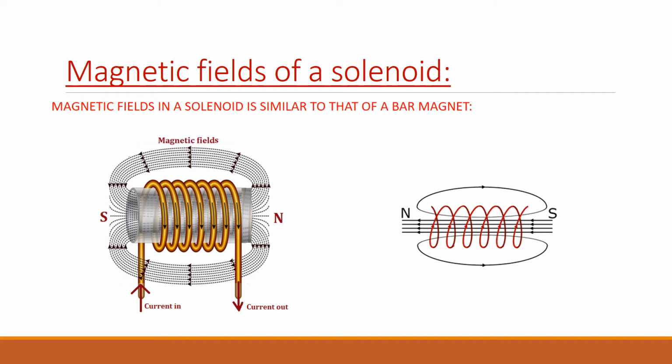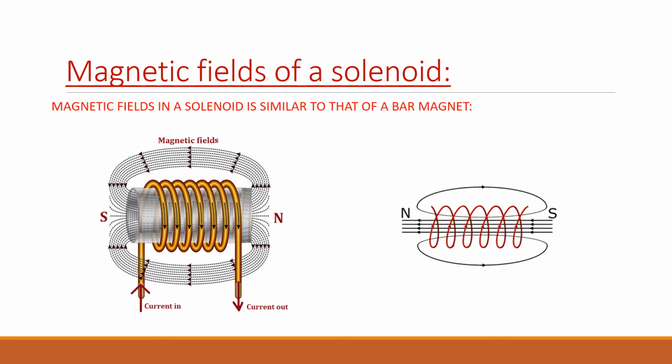Fields are moving from north to south outside the solenoid. However, inside the solenoid, the fields are moving from south to north. Another observation, the fields inside the solenoid are very close to each other and are many in number and are almost straight to each other.